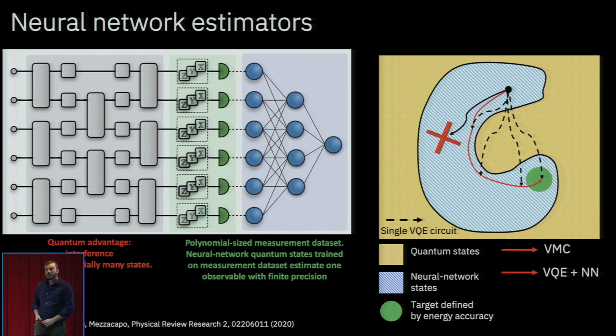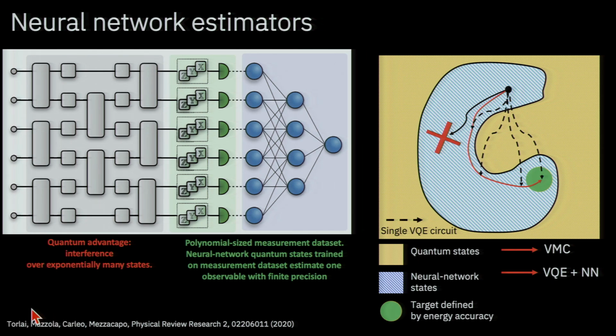Another idea: we can post-process the outcome of a quantum circuit with a classical computational instrument such as a neural network.